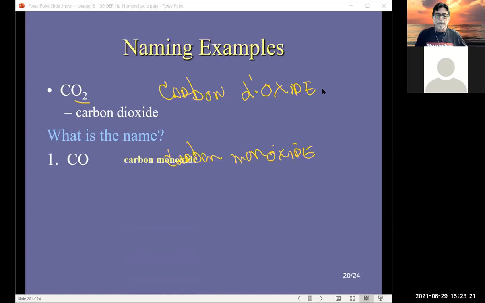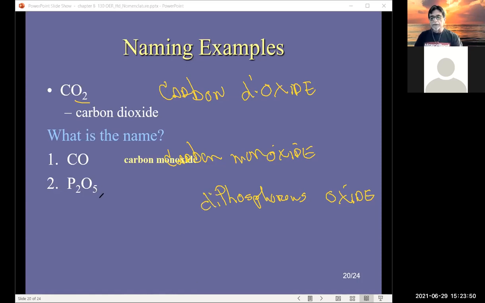All right. Now, here's one. First step, write the parent name. So I got phosphorus. That doesn't change as the first species. And guess what? I got the oxide again. So that's my parent base name. Now I go back to see if there's more than one. There's 2 phosphorus, so that becomes di. And then there's 5 oxygens, and the prefix is penta.